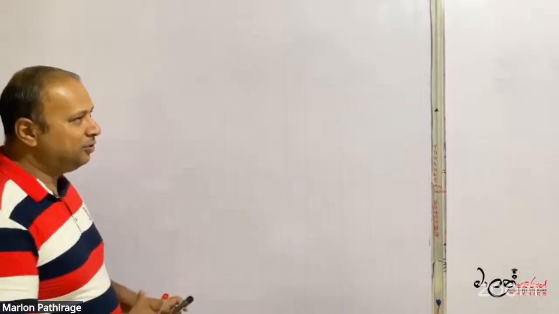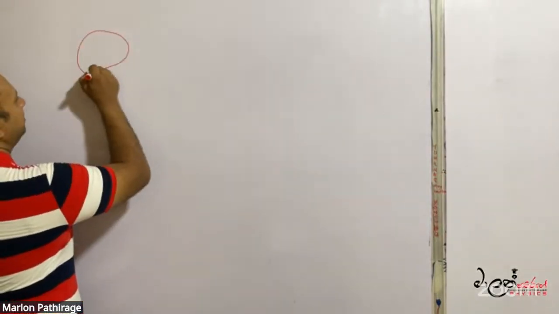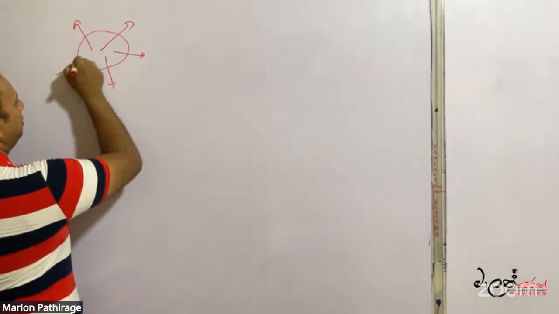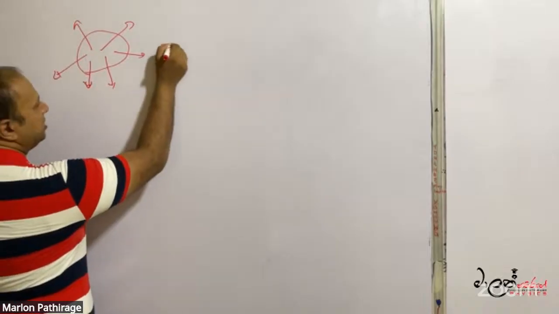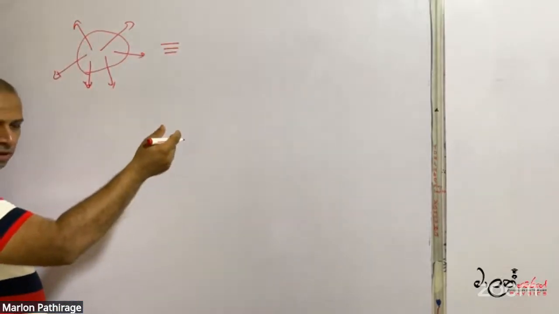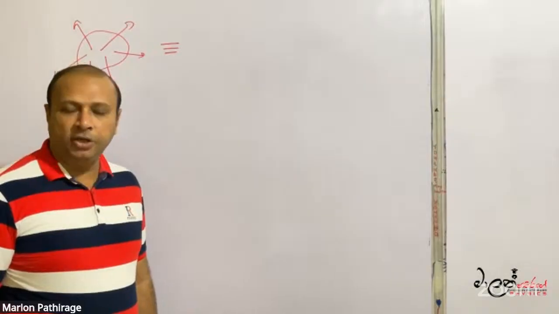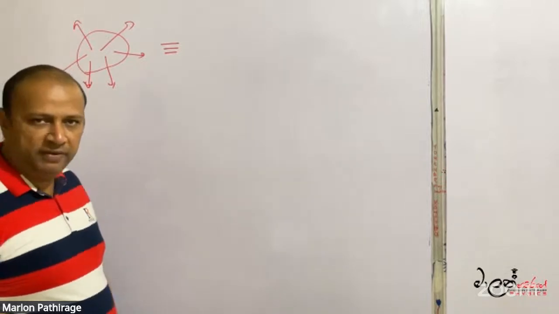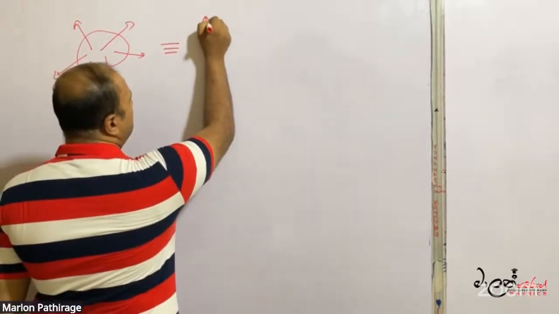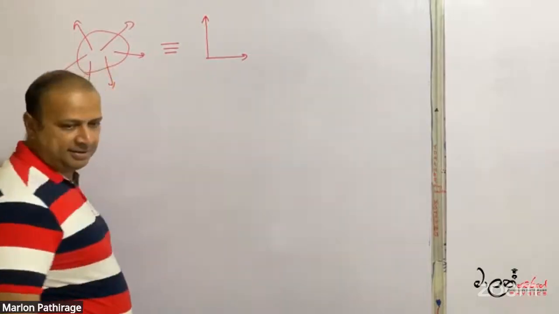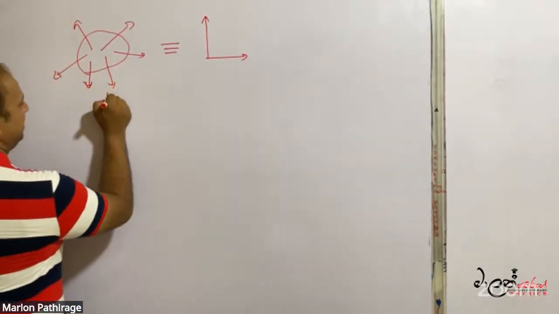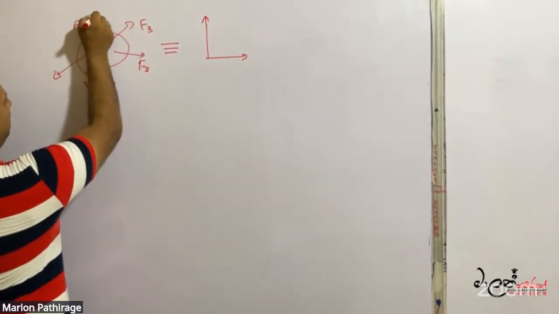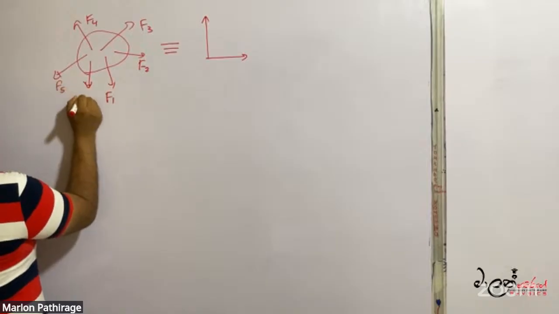Suppose this one is F1, F2, F3, F4, F5, F6, resolved or reduced into 2 perpendicular vectors.